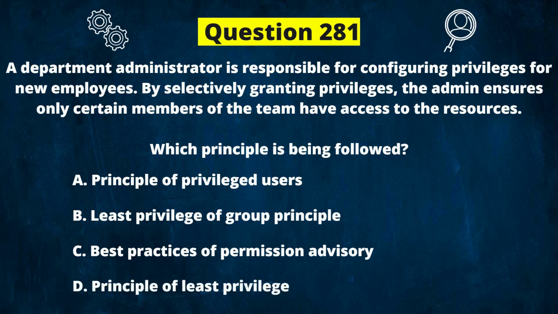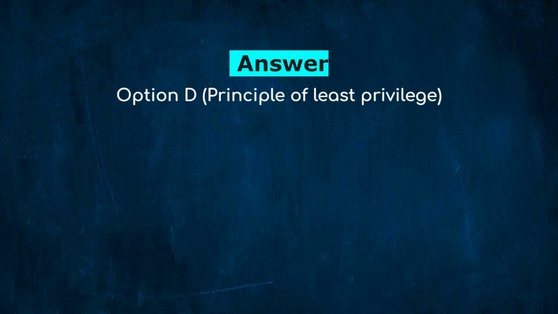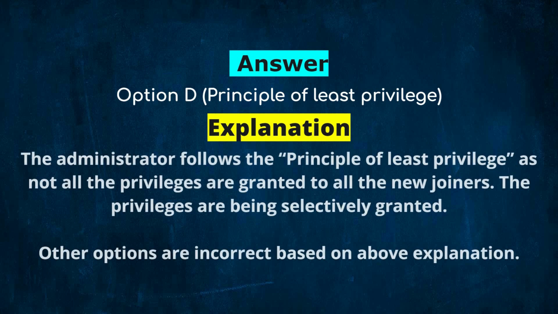D, principle of least privilege. And the correct answer is option D, principle of least privilege. Explanation. The administrator follows the principle of least privilege as not all the privileges are granted to all the new joiners. The privileges are being selectively granted. Other options are incorrect based on above explanation.